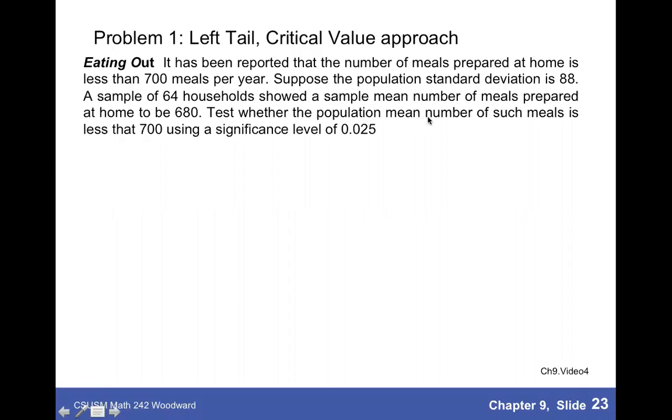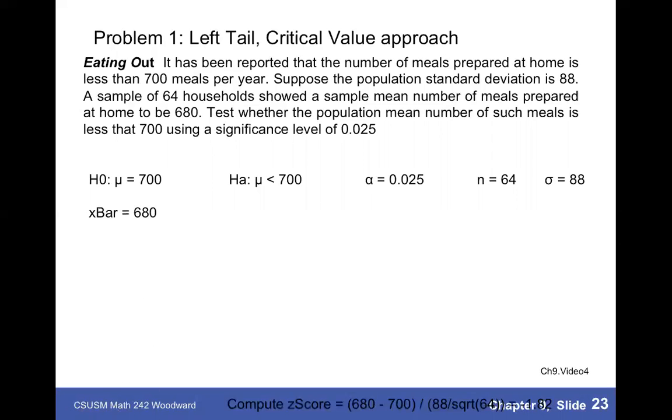Test whether the population mean number of such meals is less than 700 at a significance level of 0.025. So there's the hypothesis. There's the level of significance. There's N, and there's the standard deviation. Just write them all down, and you got it. There's X bar that comes with the data too.